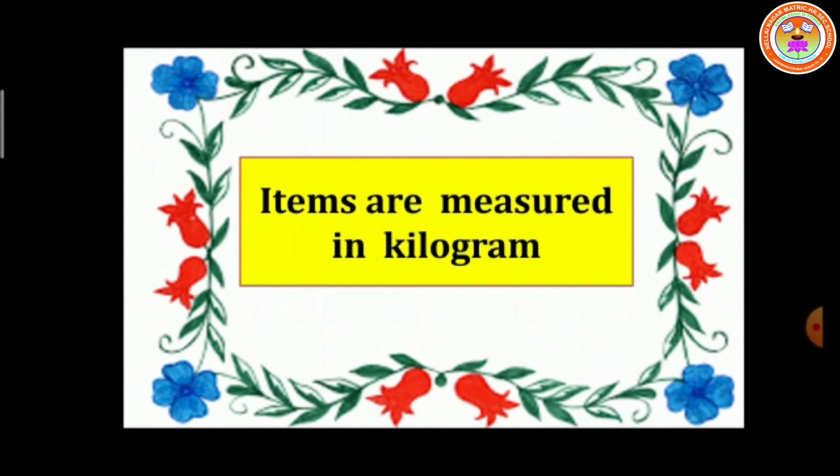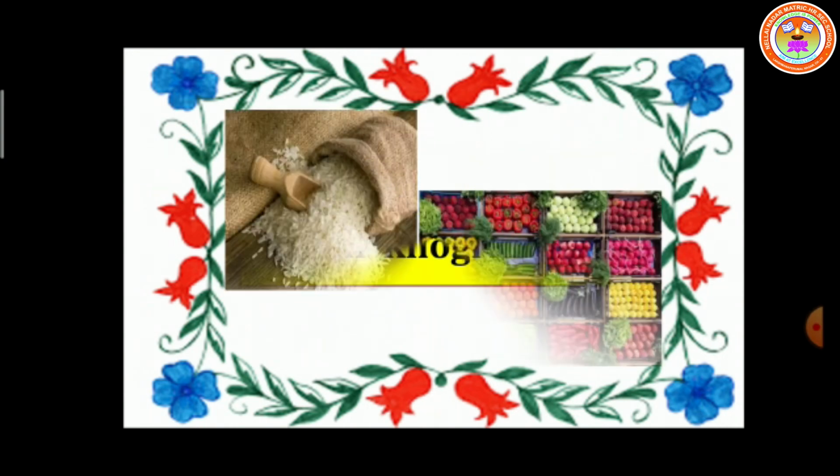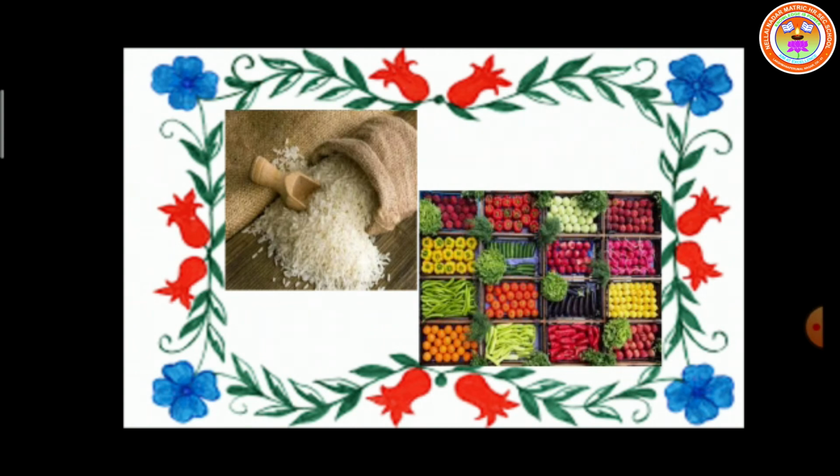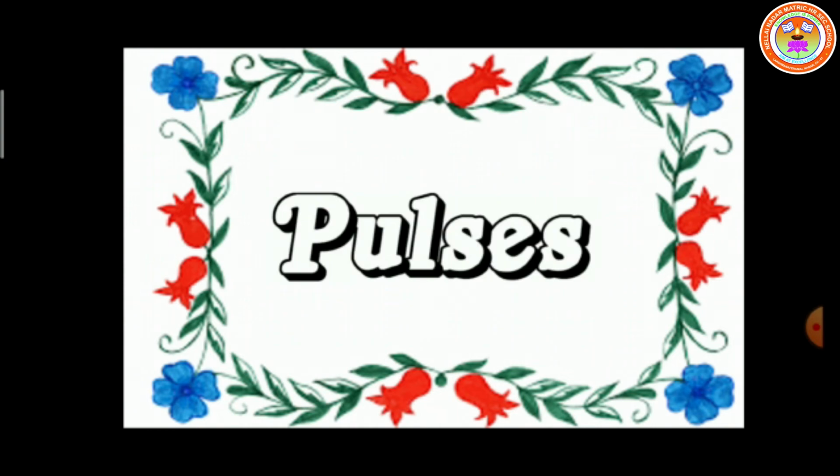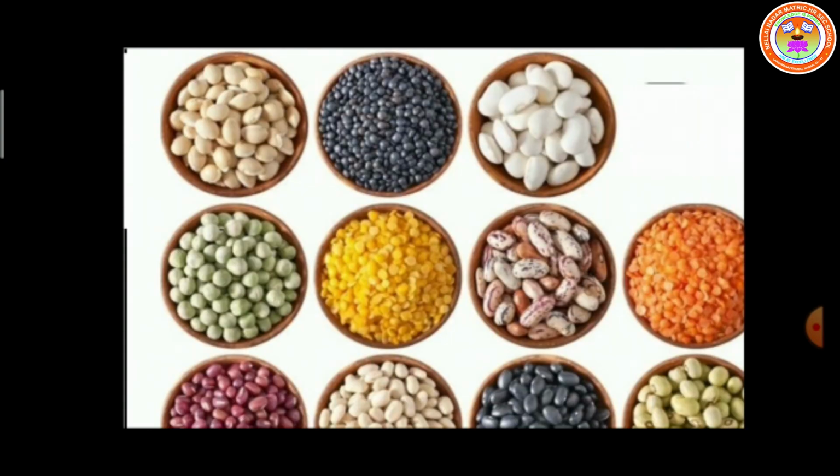Now, what items are measured in kilogram? See children, rice can be measured in kilogram. Fruits and vegetables are measured in kilogram, and flours like rice flour and different kinds of flours are also measured in kilogram. Then pulses are also measured in kilogram.